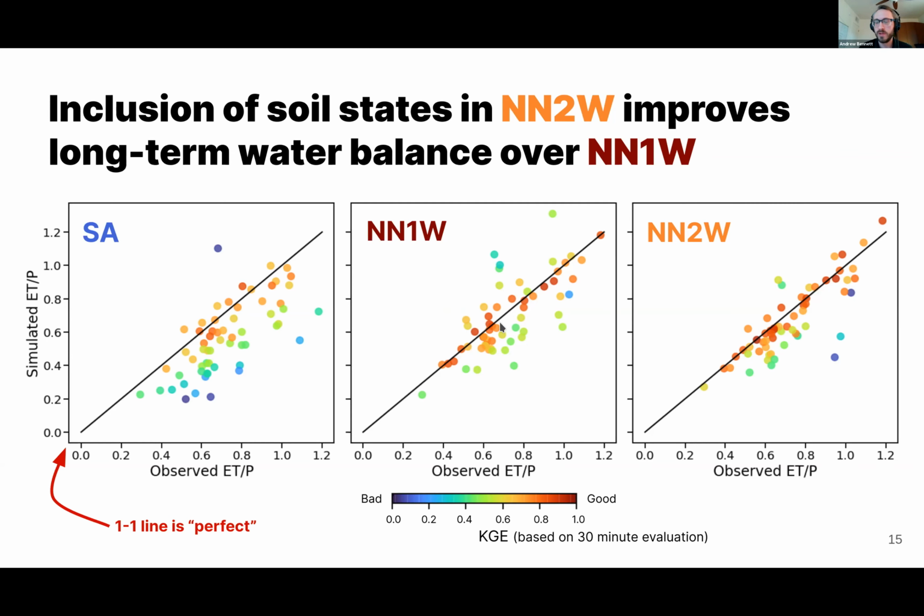And then by telling the neural network how much water is available in the soil, it figures out when it needs to tamp down on how much evaporation is going on. So this is a nice indication that we might be able to impart some nudges to make neural networks learn what we want them to by giving them the right sorts of data.